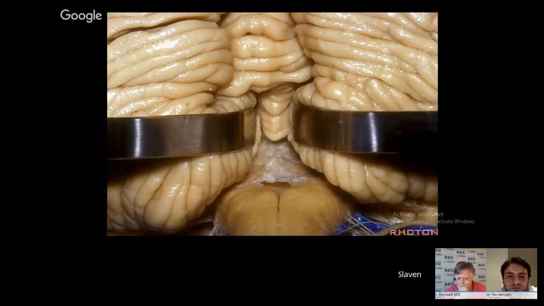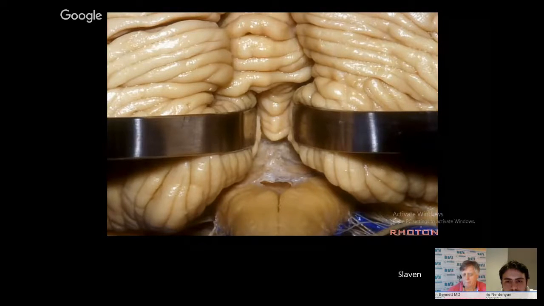And Professor Rhoton jumped in here with his passion of trying to invent new neurosurgical approaches to the very hard to approach parts of the cerebellum. So anatomy always played the central role in this.